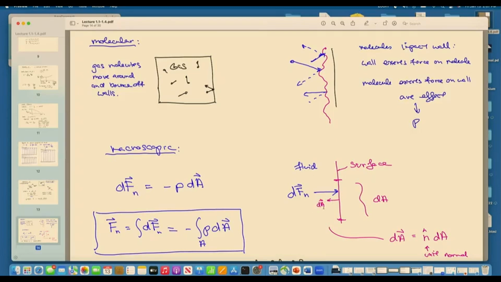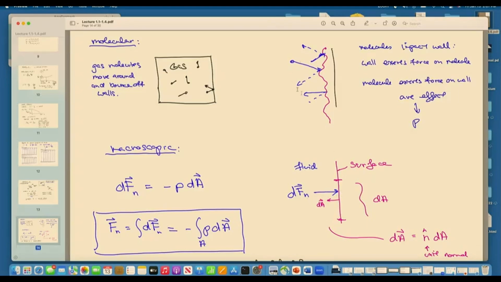Now, because of this effect, the effect of the gas on the surface is a normal force towards the surface, as I've already mentioned, but this provides the basis of that. So the differential normal force acting over this differential area is dFn. It's normal to the surface, and it's always pointing towards the surface.